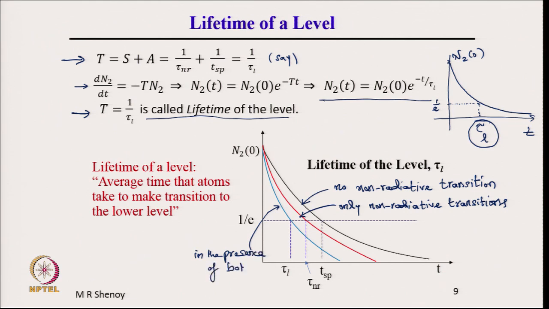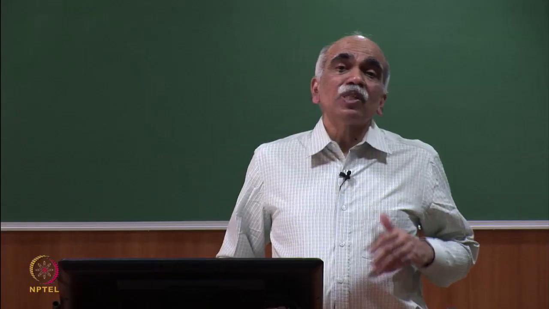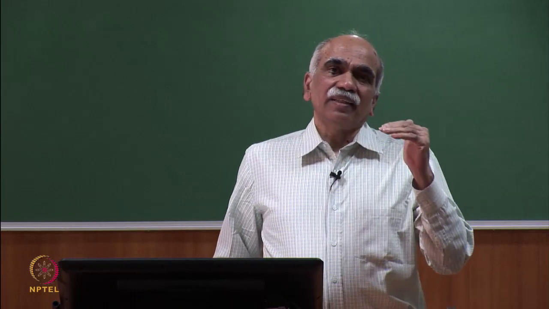Of both types of transitions, the lifetime in the presence of both is called the lifetime of the level. So, the lifetime of a level is the average time that atoms take to make a transition to the lower level, or the average time that atoms spend in the excited state.